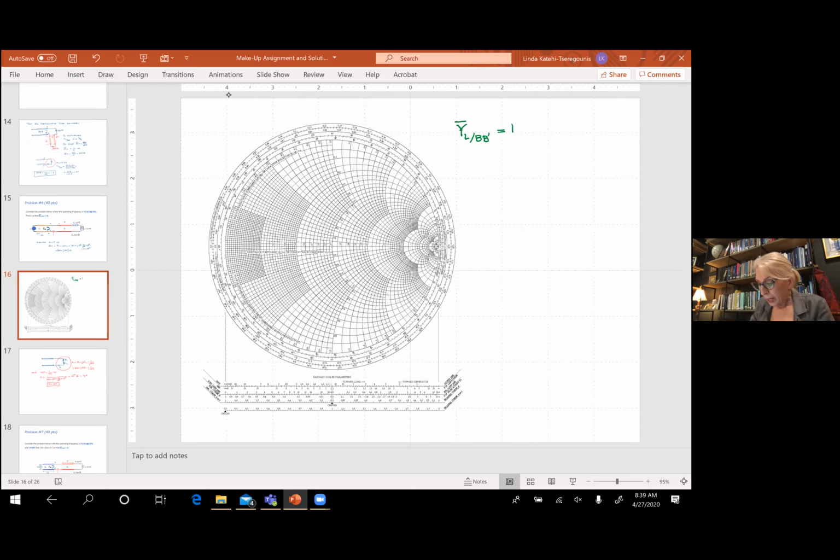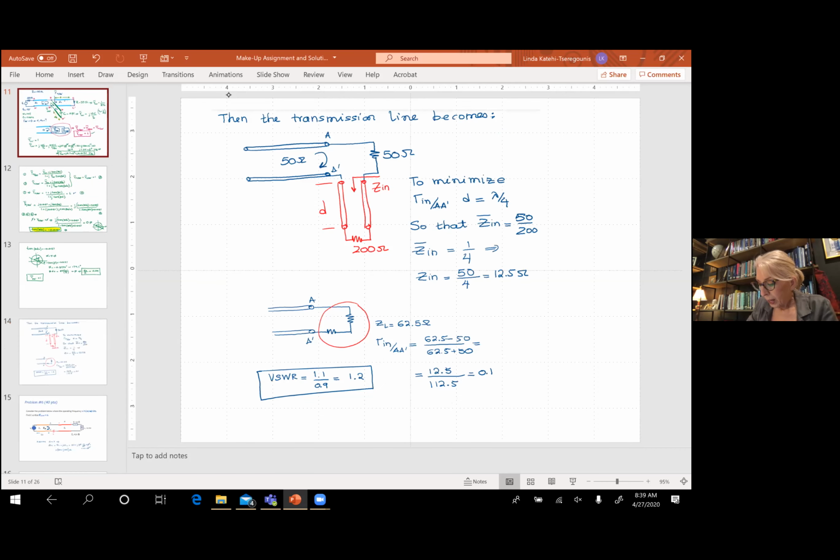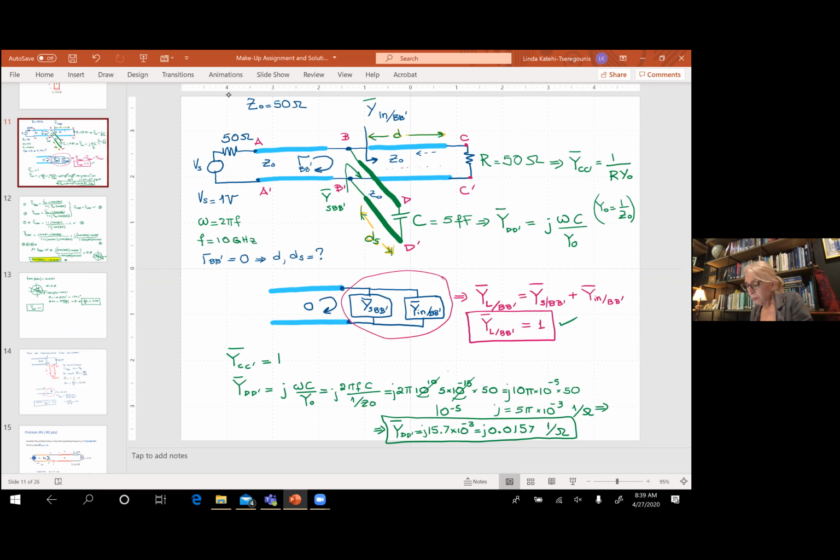Now, let's assume we don't know anything about the analysis we did for this problem, but we know that we have to work with admittances, this one and this one, and we have to find these admittances on the Smith chart.